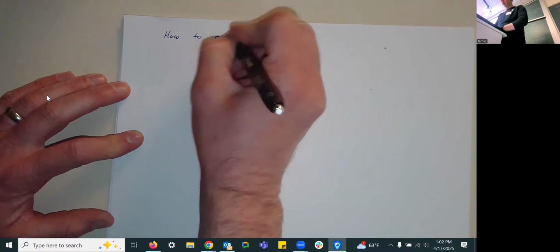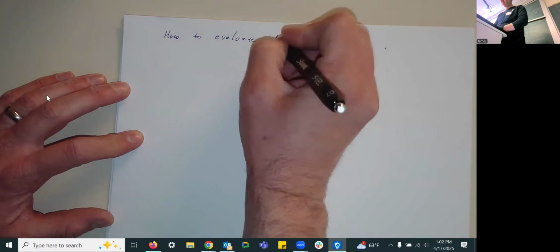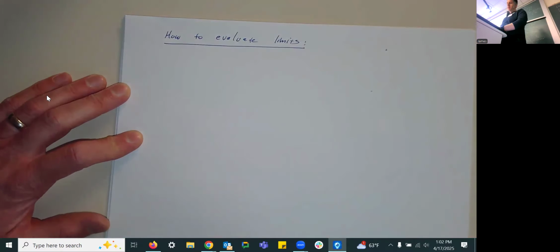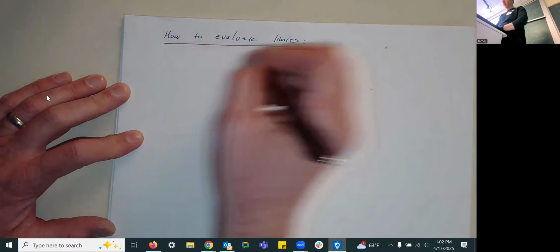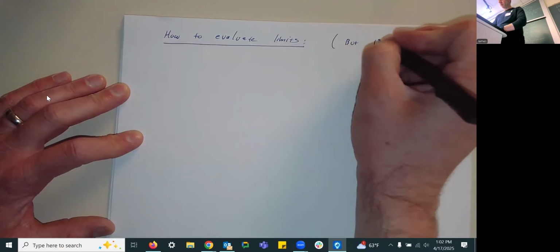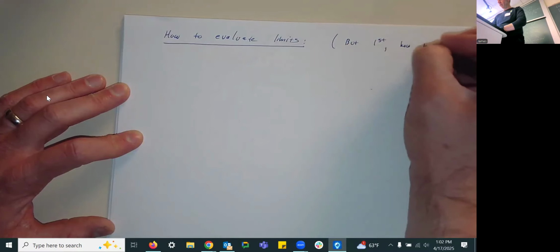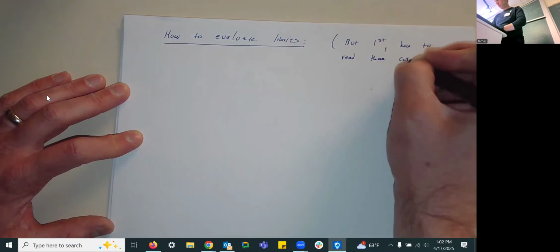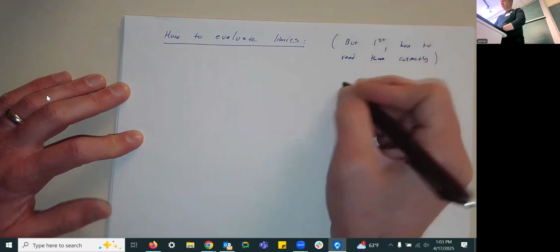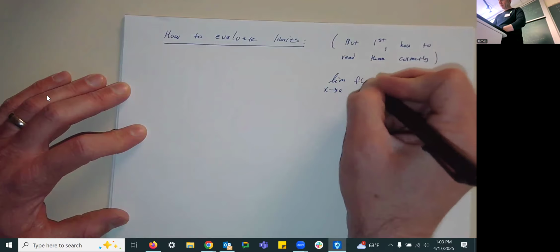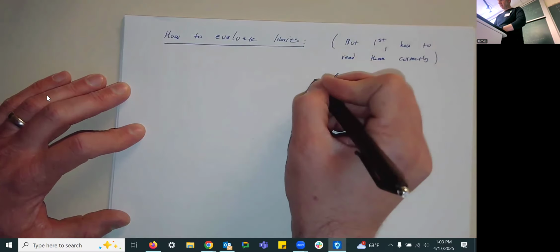So, how to evaluate limits. Also, just as a side note, before we actually get to that, but first, how to read them correctly. So when someone writes this, I want to say 2 things.